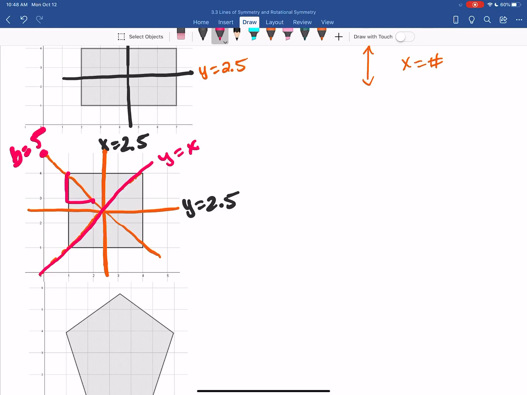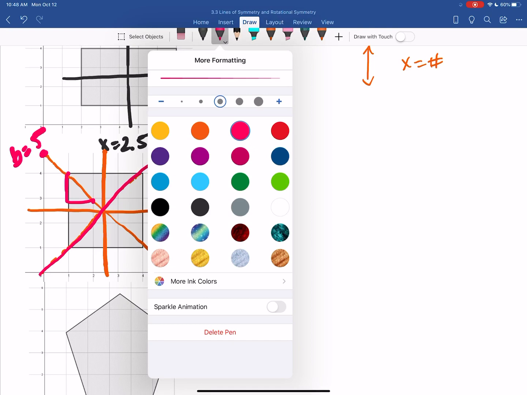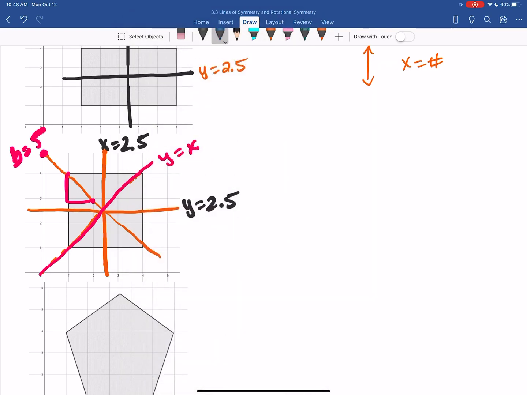So for that downward sloping diagonal line, and let me draw it in blue so you can see it, that would be y equals negative 1x plus 5. Okay?